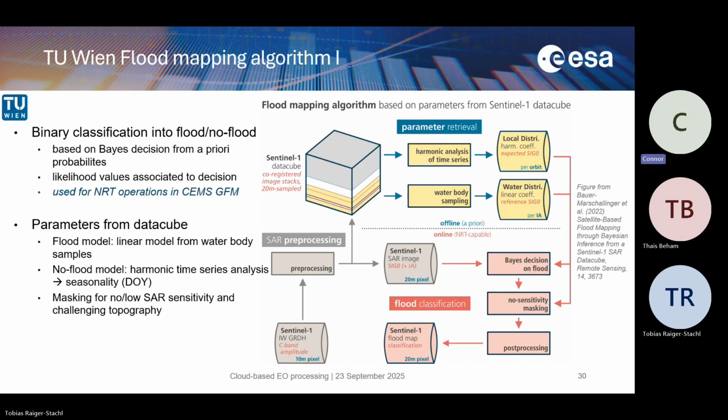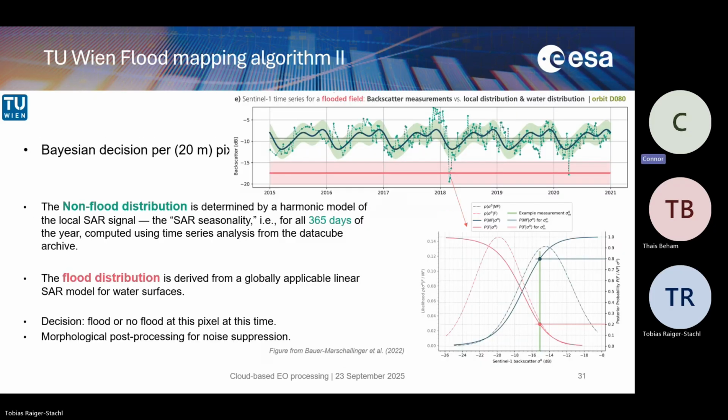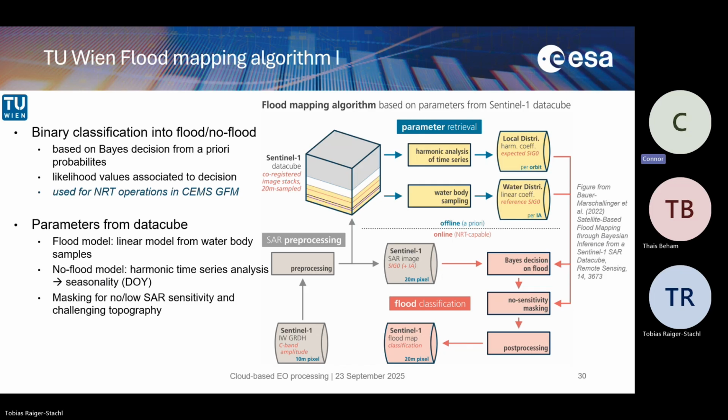We will see that in more detail later. From this offline part, we go to the online part where we actually do the Bayesian decision of flood from each incoming Sentinel-1 image. We apply a sensitivity masking at the end and post-processing, and then we arrive at a flood classification map.